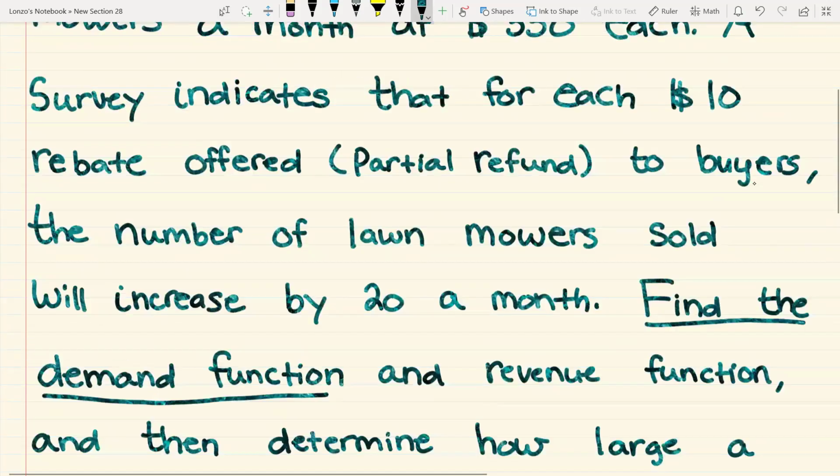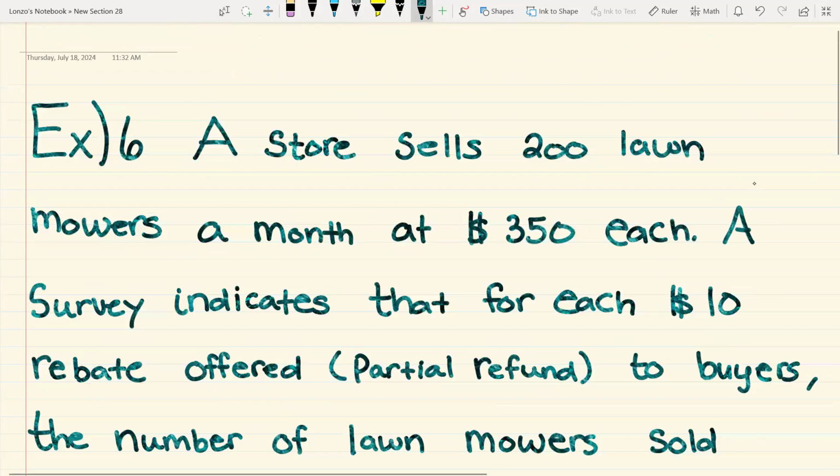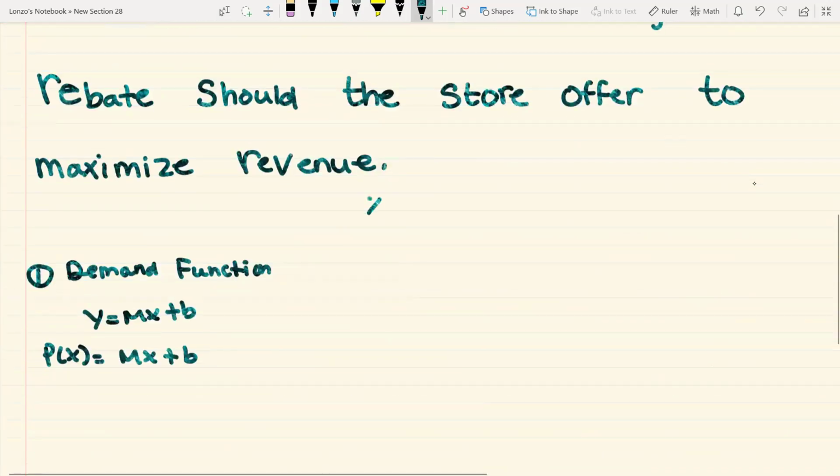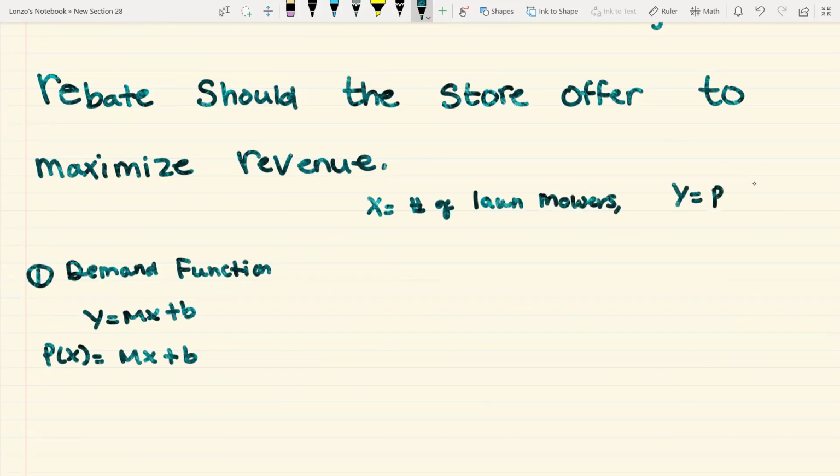The first coordinate is a store sells 200 lawnmowers a month at $350 each. So first I have to figure out what would be my x and what would be my y. Maybe we can set x as the number of lawnmowers, and then we can set y as the price in dollars.